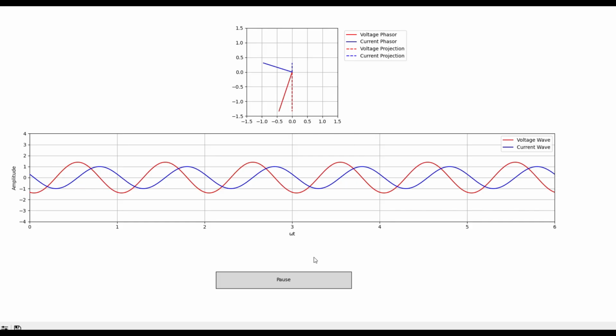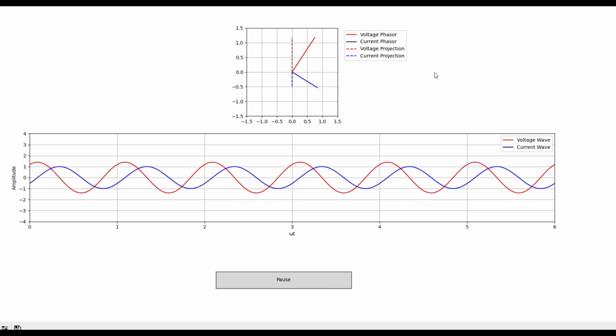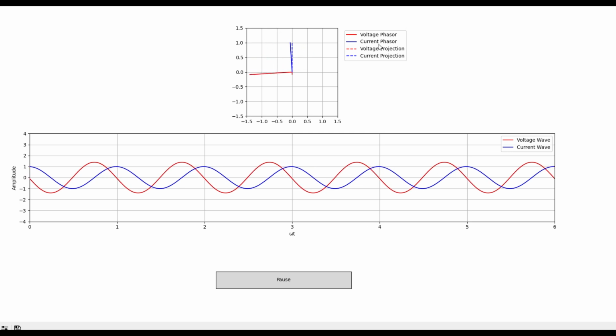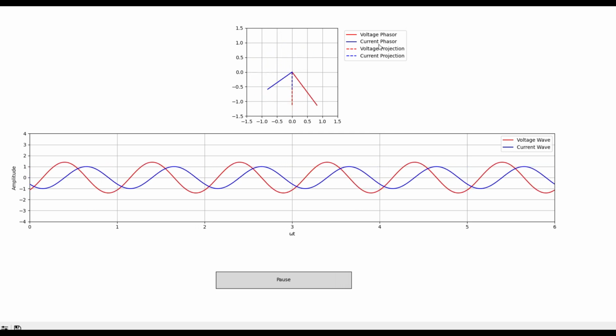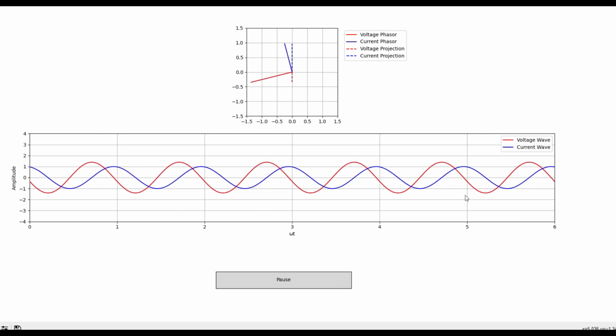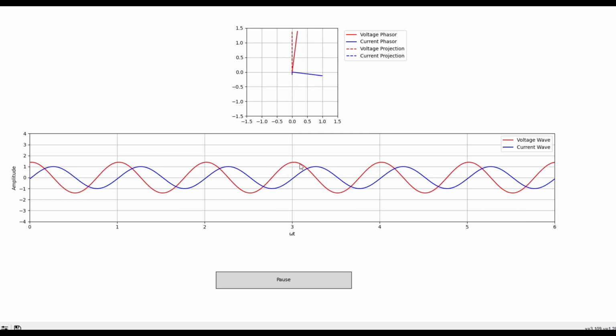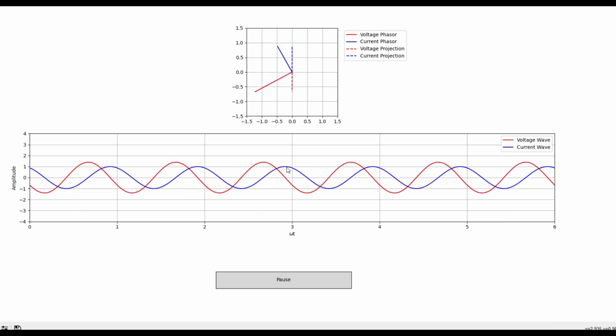Right guys, so here we are looking at the voltage leading the current, right? This was your inductor's behavior. Look at the graph here as well. The red peak happens to be before the blue peak.